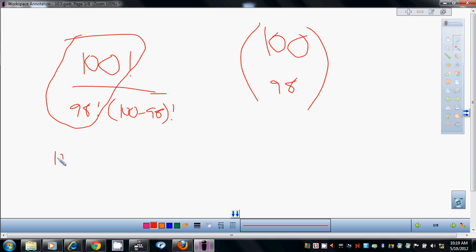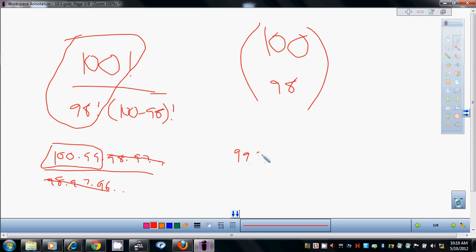Because this one's 100 times 99 times 98 times 97, dot, dot, dot, and the other one is 98 times 97 times 96, dot, dot, dot. So all of this would cancel, leaving just these two terms. So that's 9900 over 2 factorial, which is just 2. Some of them will tell you overload because your calculator can't compute numbers that high, but if you use logic to reduce like this, your calculator can do it.